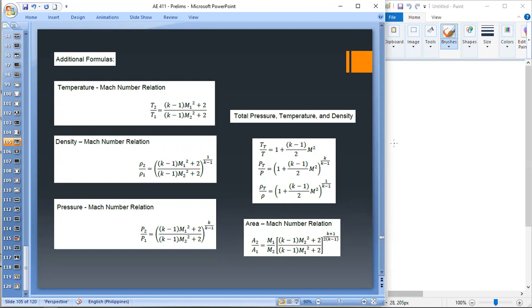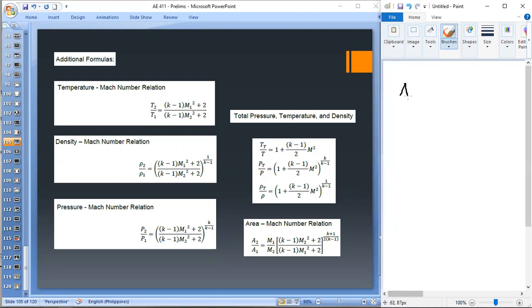So, area Mach number relations naman, makukuha natin area 2 over area 1. So, nakuha lang din yan sa flow natin, sa energy equation na, di ba, kung maalala nyo, we have area 1, density 1 over your velocity 1 is equals to your area 2, density 2, and your velocity 2.